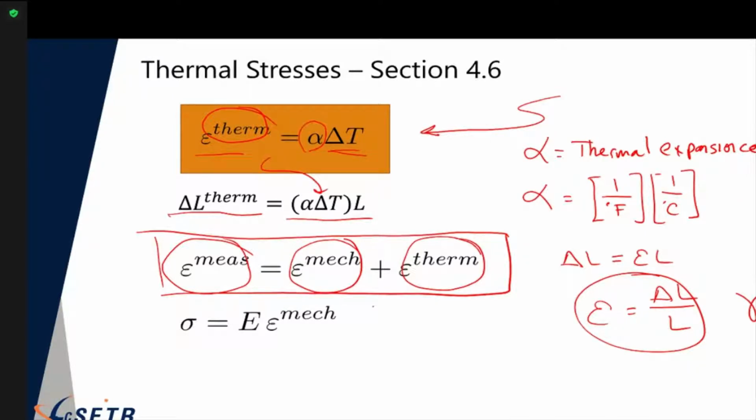The actual measured strain, what you would see if you could measure with a ruler, or more likely a strain gauge, is the mechanical strain plus the thermal strain. Now, it's only the mechanical strain that gives you the stress.